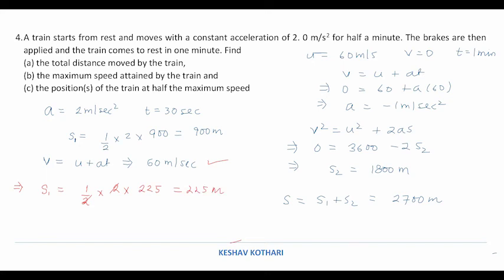And then after the brakes are applied, half the maximum speed is attained at 30 seconds. So at this part, again the half speed will come at t equals 30 seconds. At t equals 30 seconds, I can solve this equation as S equals ut minus half at square. 30 seconds squared can be written as 900, and then we obtain 1800 minus 450.